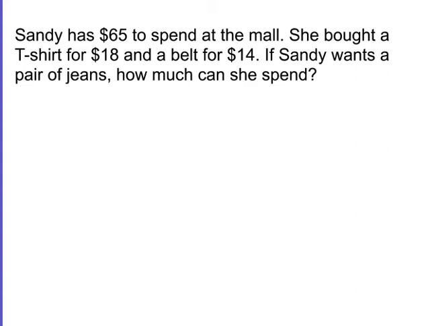Sandy has $65 to spend at the mall. She bought a t-shirt for $18, a belt for $14. If Sandy wants a pair of jeans, how much can she spend? So if she spent $18 and she added to that $14 more that she spent, how much more can she add for the price of the jeans in order to be less than or equal to $65, because she can't spend more than 65.